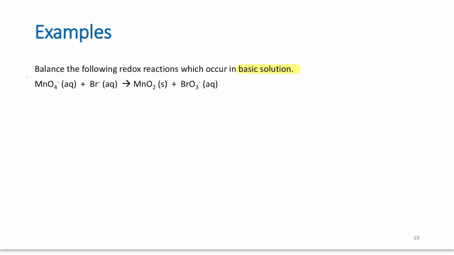The manganese here, plus 7, oxygen, -2, bromine, -1, manganese here is plus 4, oxygen, -2, bromine here, plus 5, and oxygen, -2. If you're unsure about those, please review the videos on assigning oxidation states.